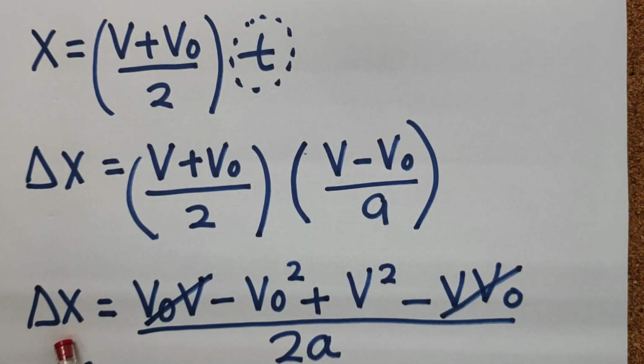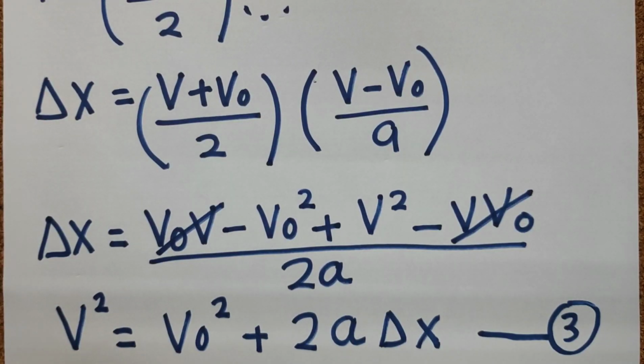Then your equation will be delta x equals v v naught minus v naught squared plus v squared minus v v naught, where the v v naught terms can be cancelled out, over 2a. Therefore, our third and final kinematic equation is v squared equals v naught squared plus 2a delta x.